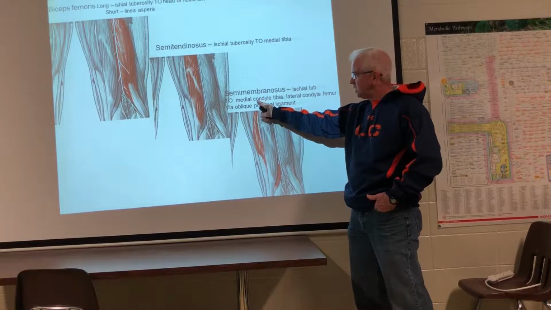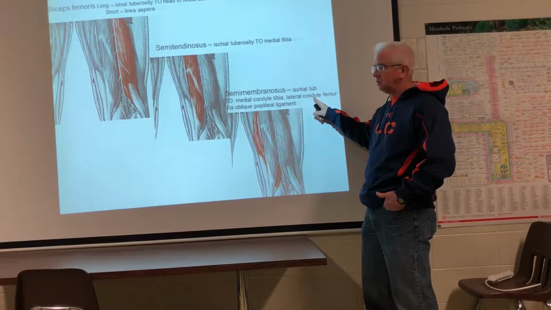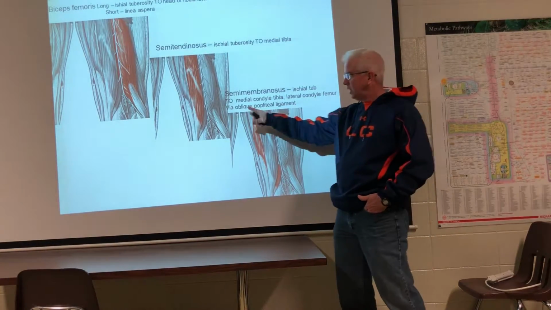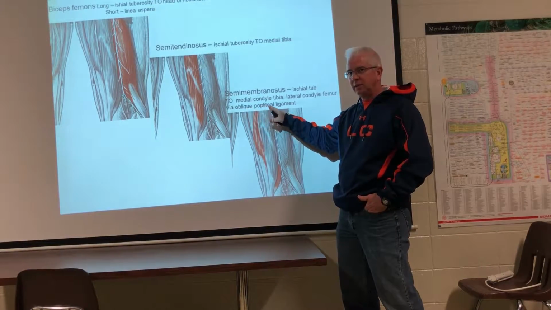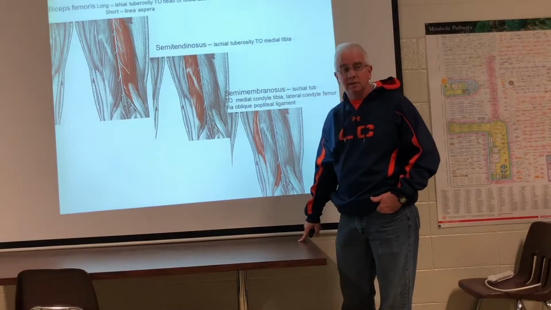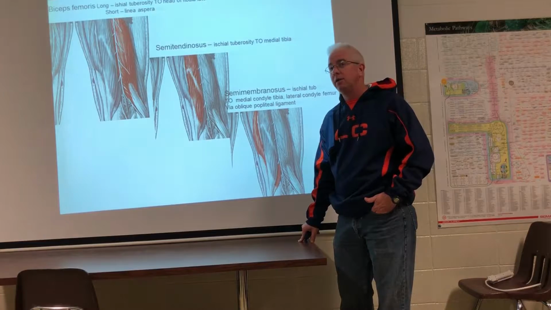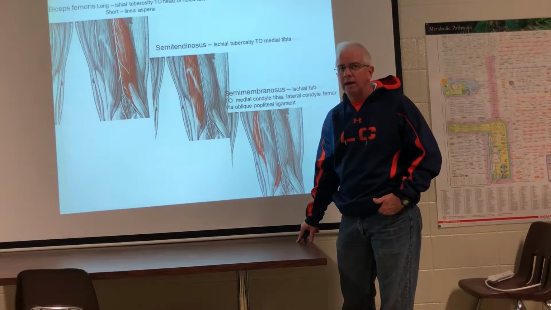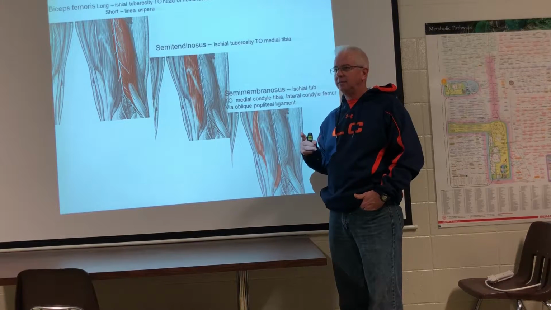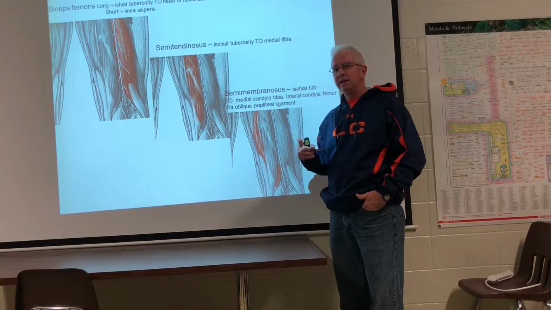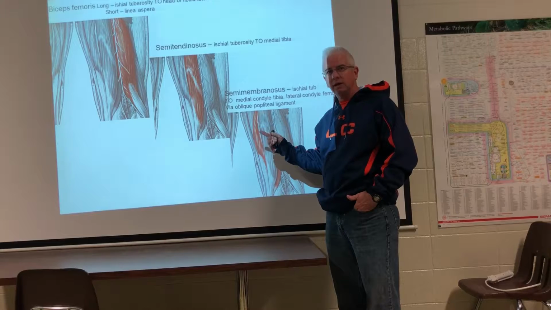So, as the medial condyle to lateral condyle attachment of the semimembranosus goes, we label that the oblique popliteal ligament. What is the tendinous sheet called on the back of the knee? The oblique popliteal ligament. What in fact is the oblique popliteal ligament? It is the fusion of the tendinous material of the semimembranosus. That's what's on the back of your knee.